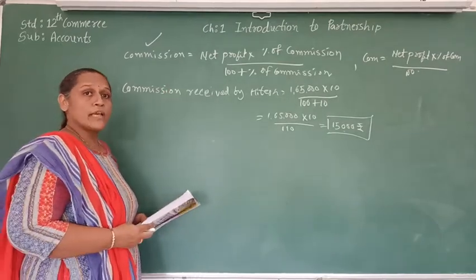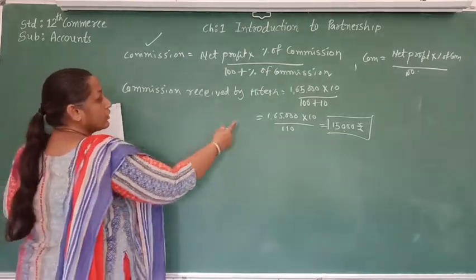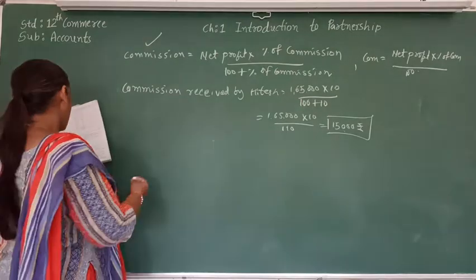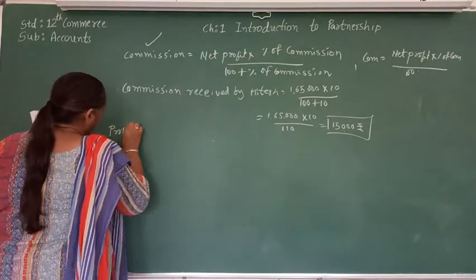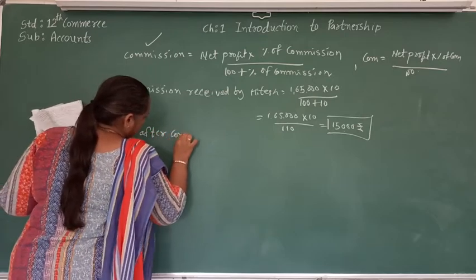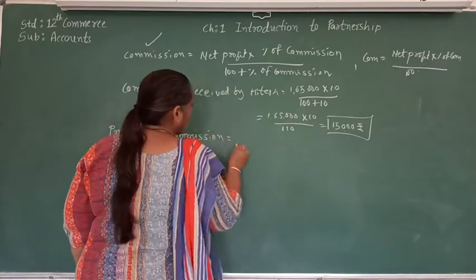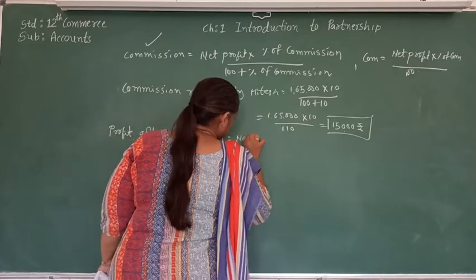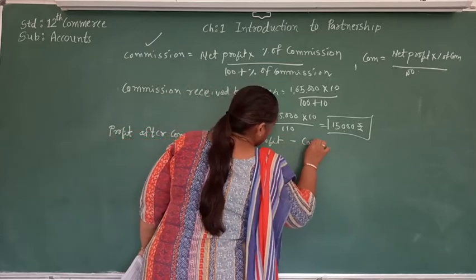Now we have to calculate the profit of the partners. For that, from the net profit we are going to deduct the amount of the commission. So profit after commission is equal to net profit minus commission.